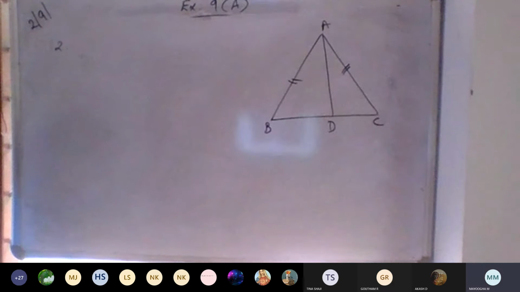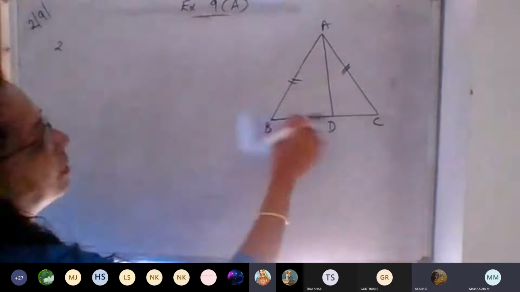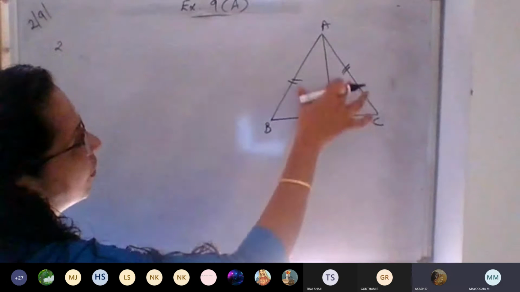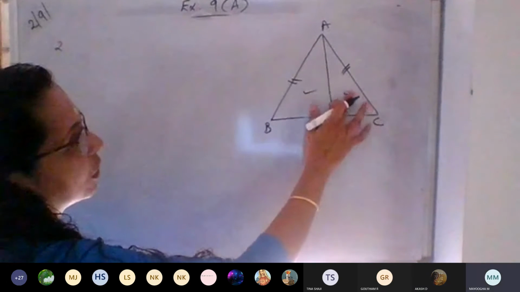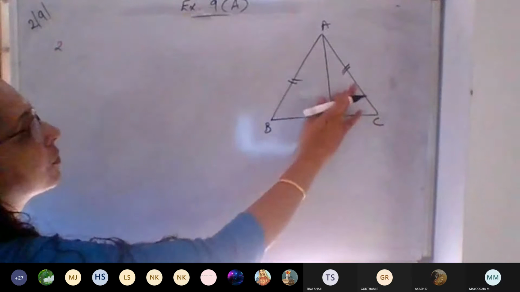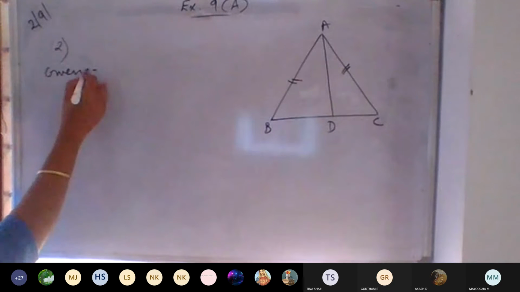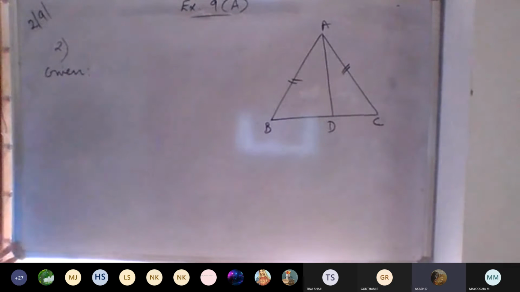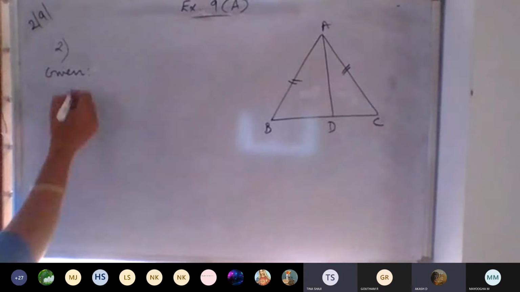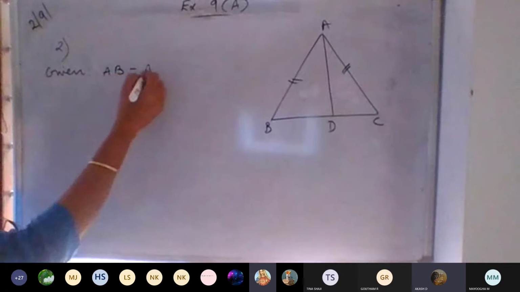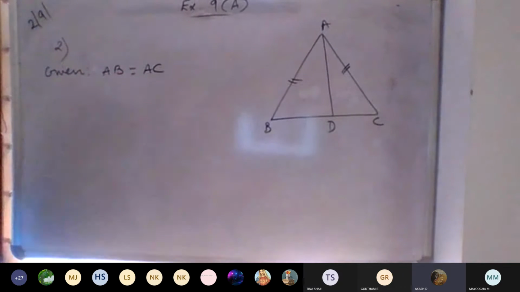So consider triangle ABD and triangle ACD. These two triangles are congruent, isn't it? So for that, given: AB is equal to AC.